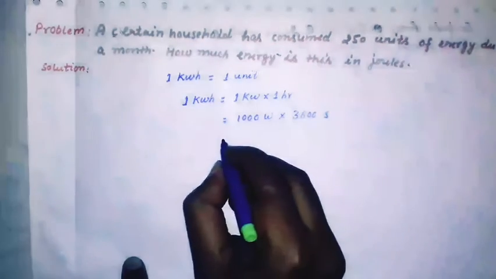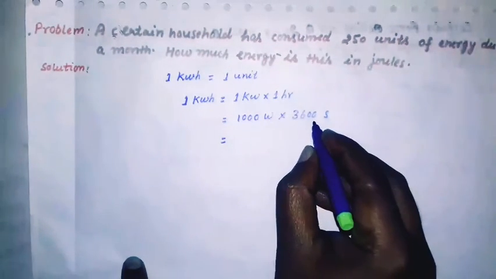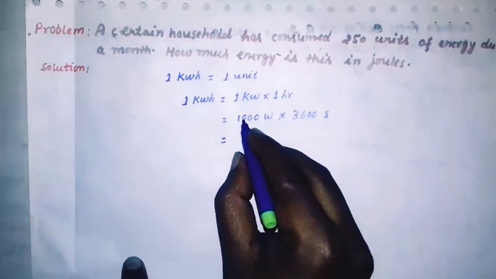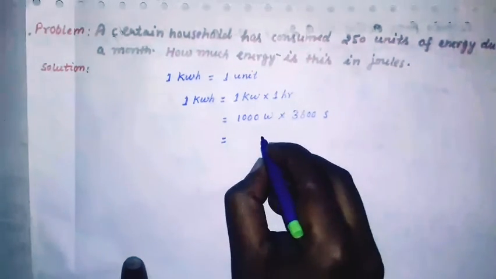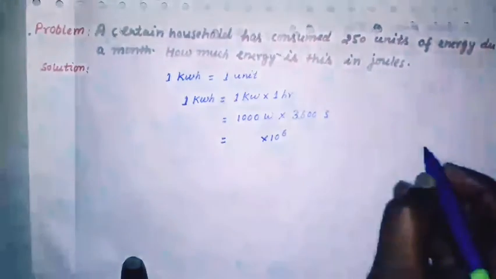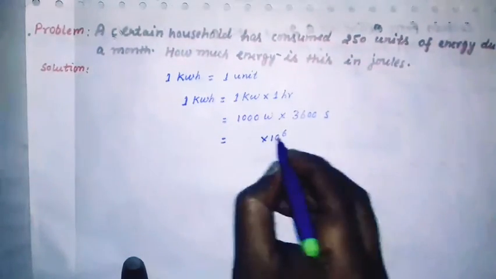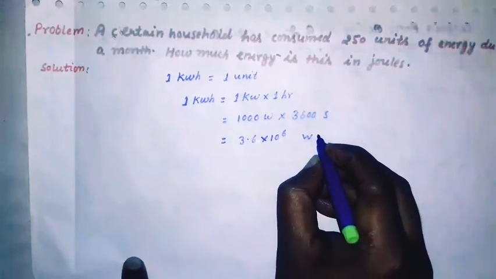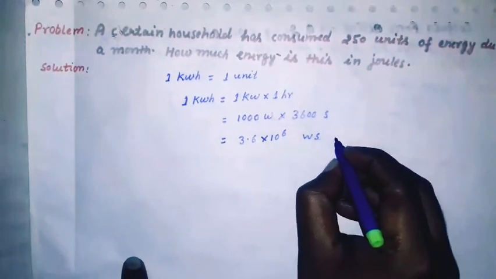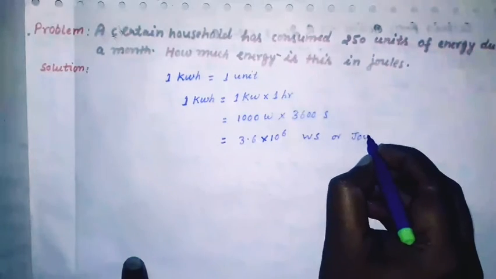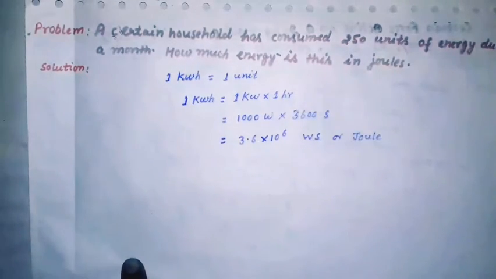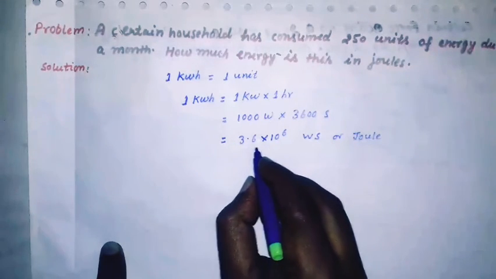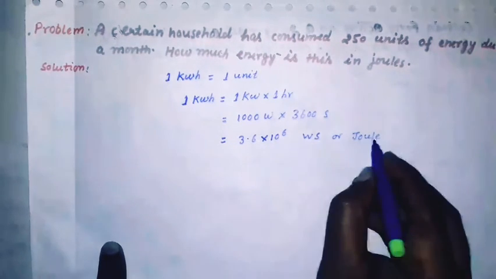We may write it as 3.6 into 10 to the power 6 watt second, and this watt second is also known as joule. So here 1 unit is equal to 3.6 into 10 to the power 6 joule.